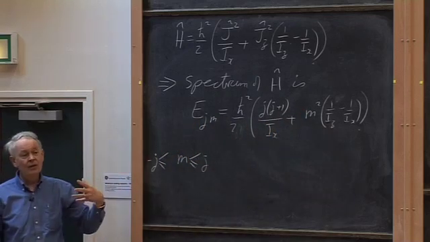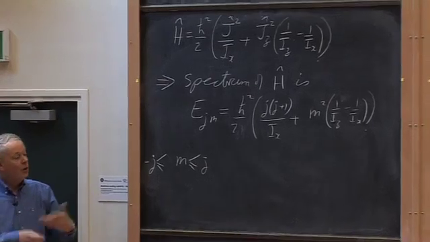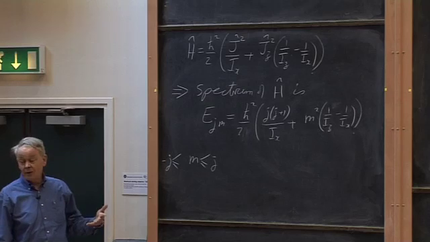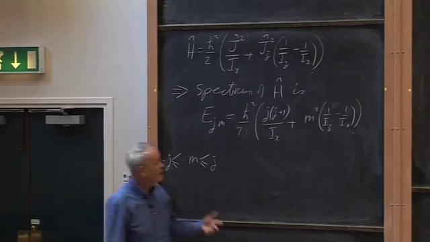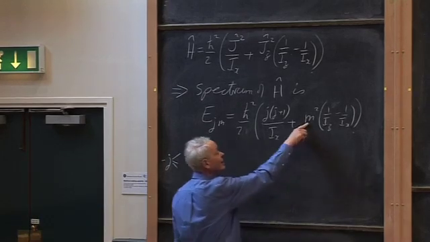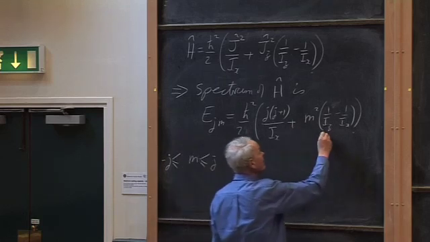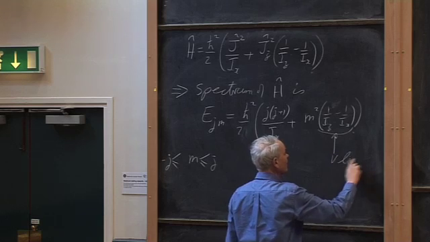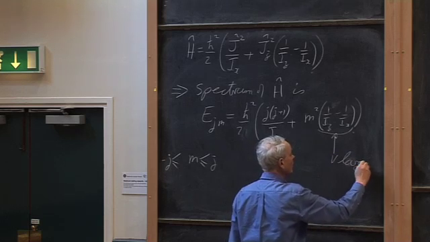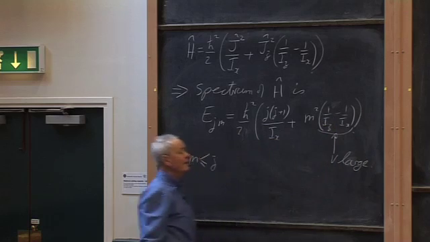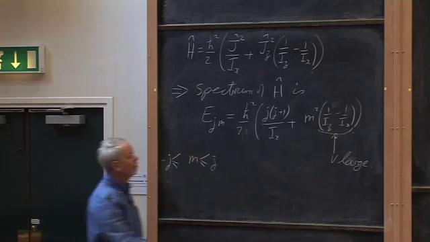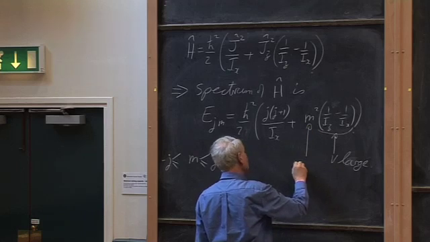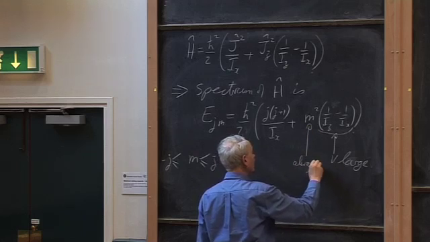So when you're dealing with molecules in the room or in interstellar space or somewhere where they only have moderate amounts of energy, we can argue that this thing is going to be 0. This number here is very large. I mean, it really is huge. Because Iz is so very small for a diatomic molecule, m is always 0.